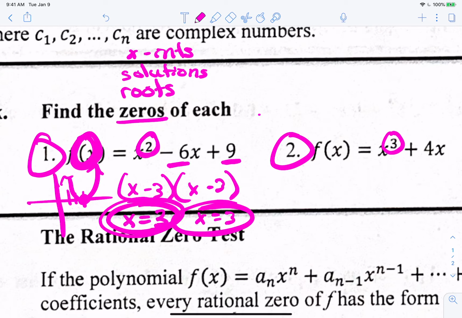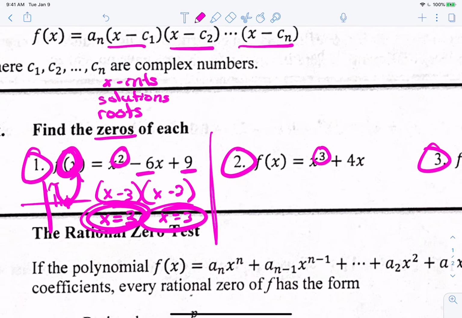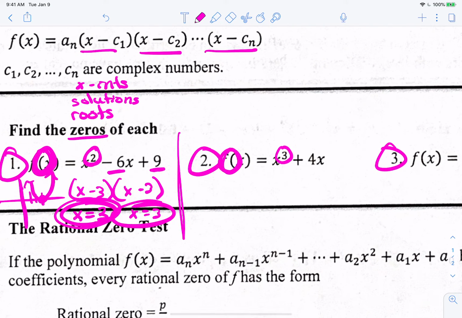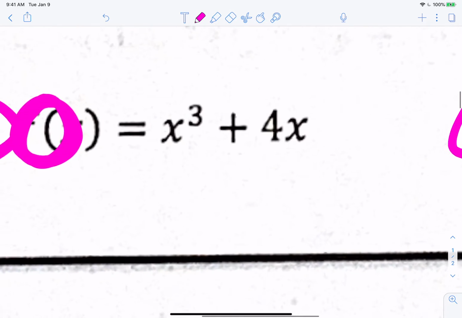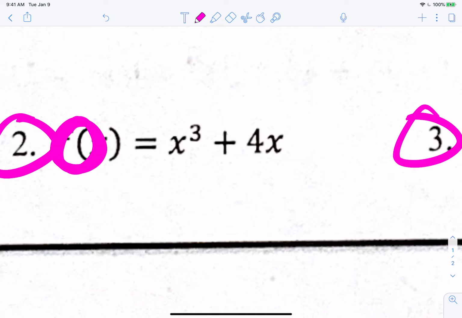Number 2. I want to plug 0 in for f of x as well. How do I break that down? x cubed plus 4x. What can we do?